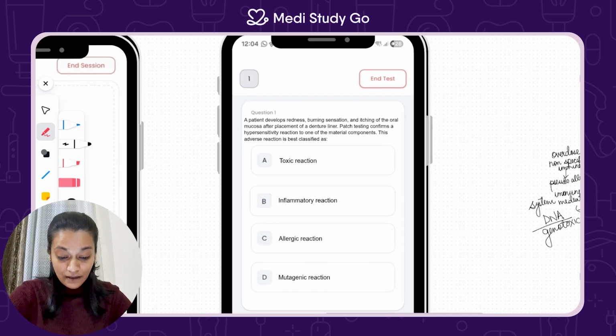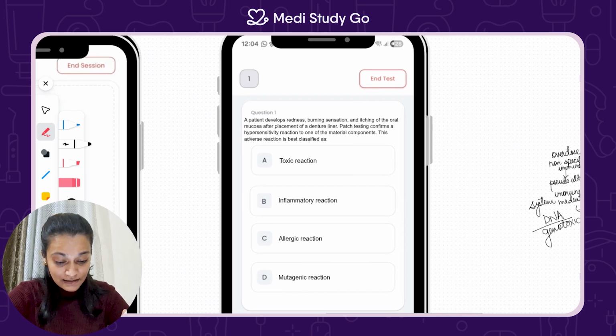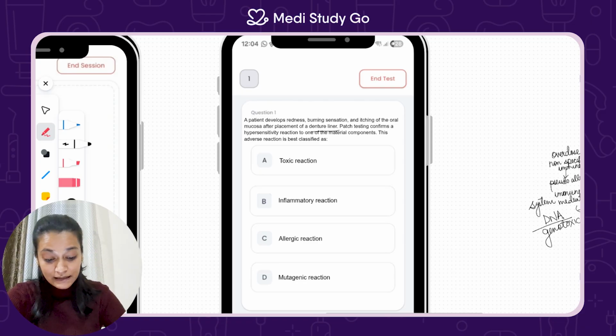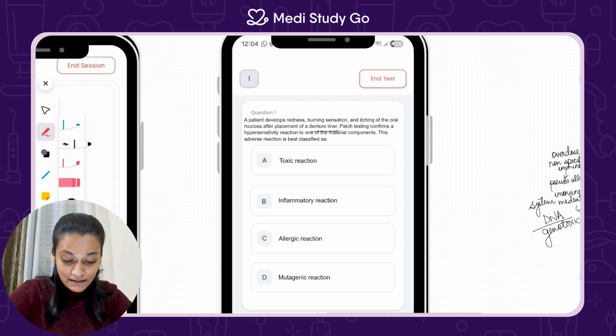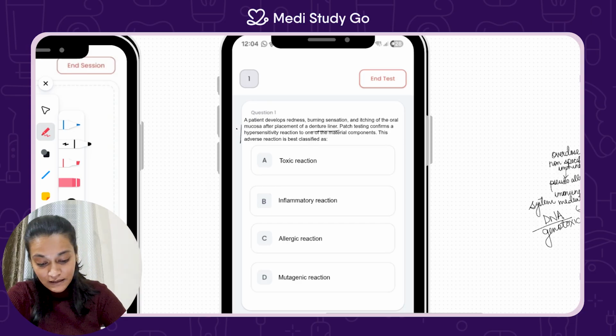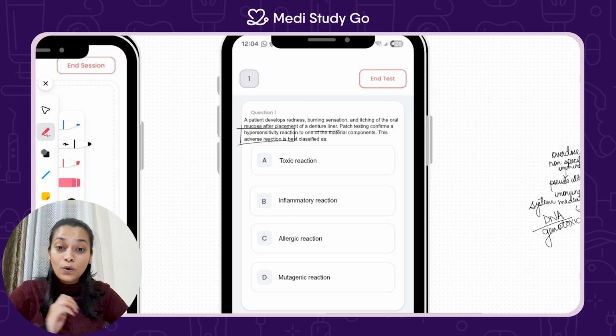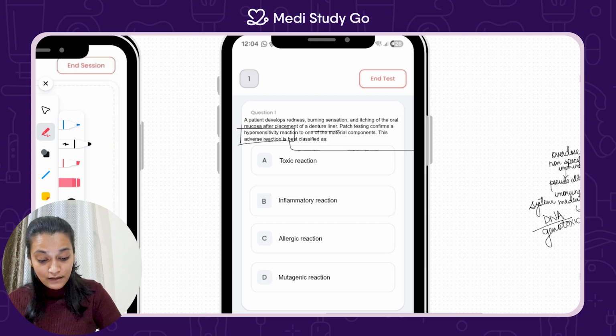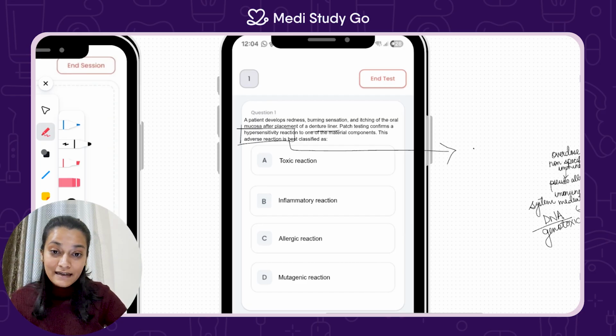A patient develops redness, burning sensation, itching of oral mucosa after placement of denture liner. Patch test confirms a hypersensitivity reaction. Now we know that hypersensitivity reaction is always related to allergic reaction.